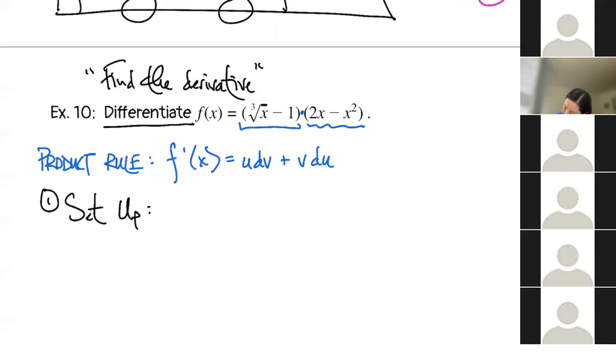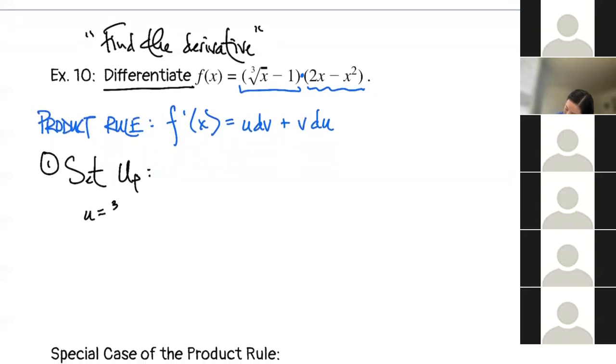So in particular, let's identify our u as the cube root of x minus 1. And we're going to identify our v as 2x minus x squared. Okay. But in order to find du, it would probably be beneficial for us to rewrite our u. Okay. So how do we rewrite this?